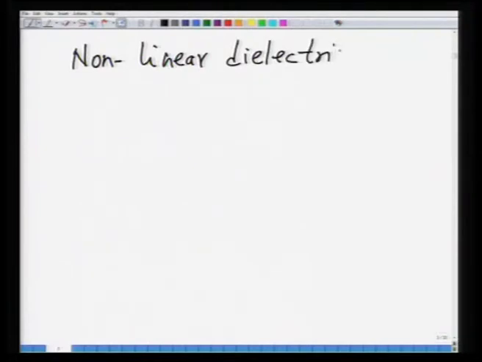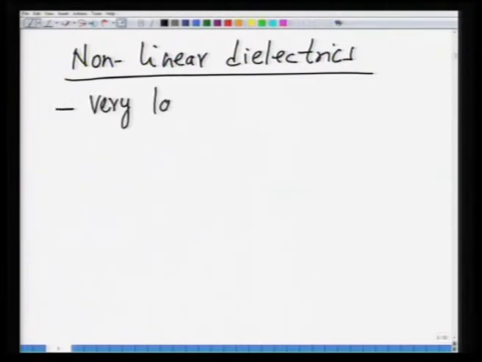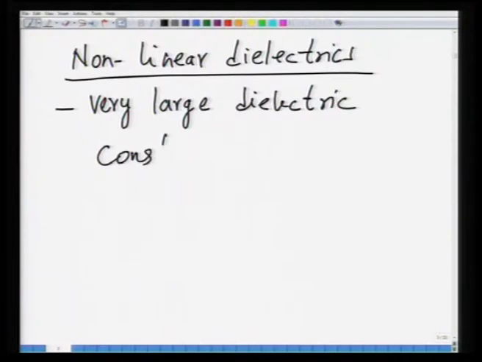Now, these nonlinear dielectrics are very special because they have very special characteristics. Some of these characteristics, for instance, could be very large dielectric constants. This is only one feature; there are many other features.